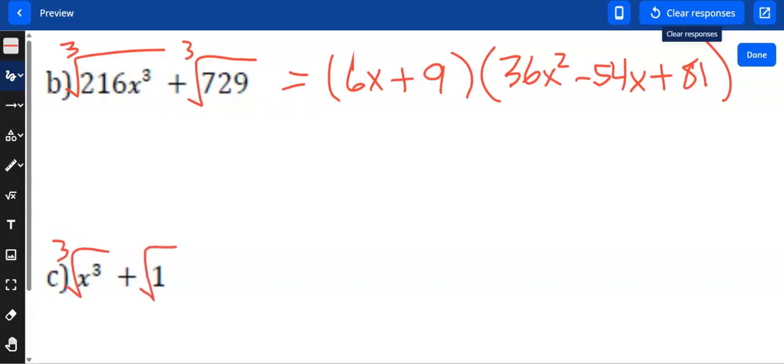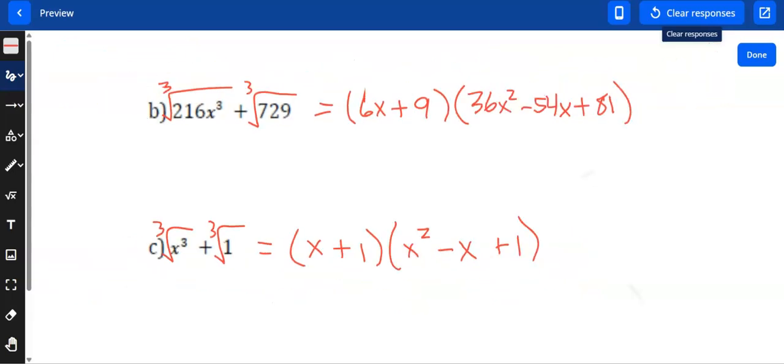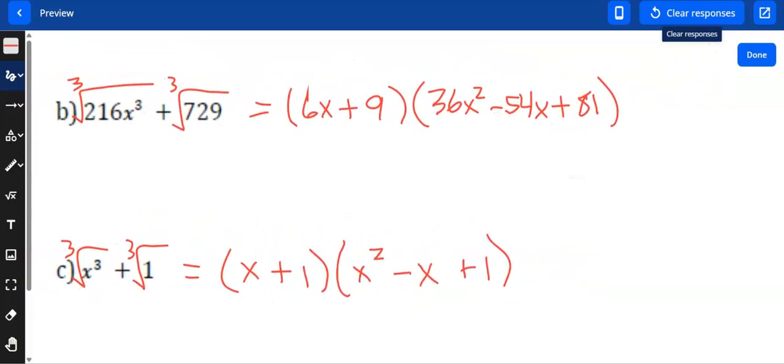Cube root, square it, multiply them together, take the opposite sign. It just happens over and over and over again.